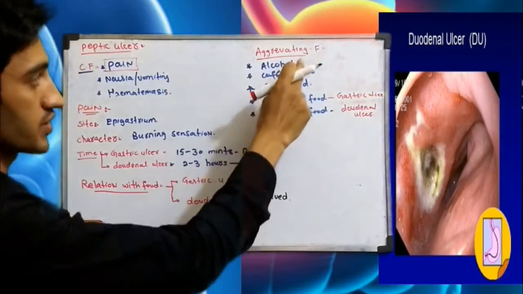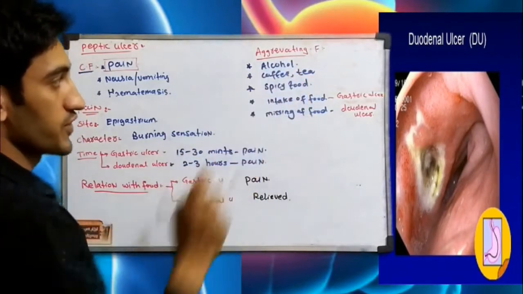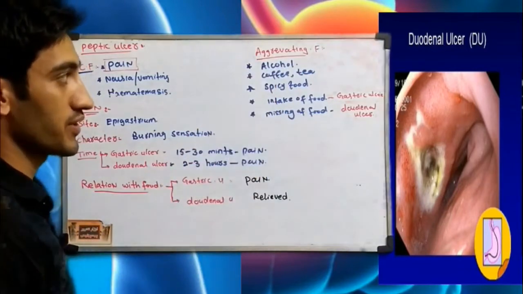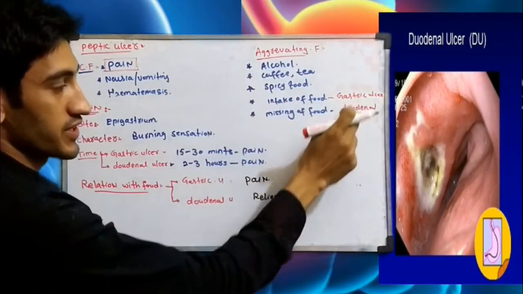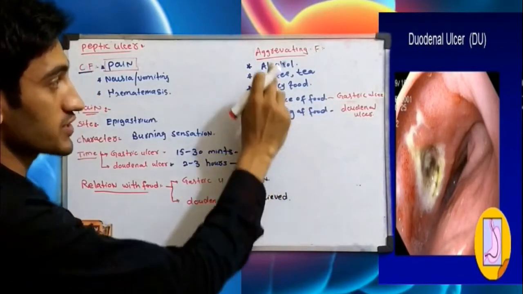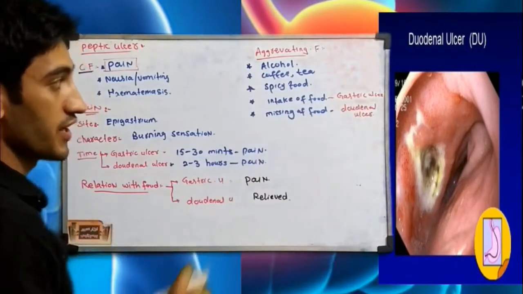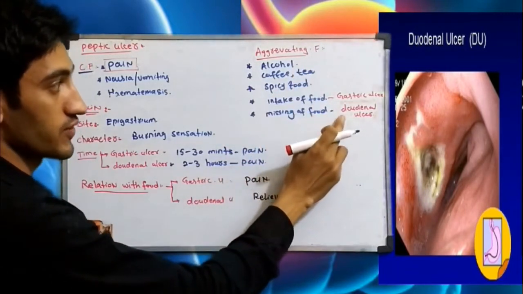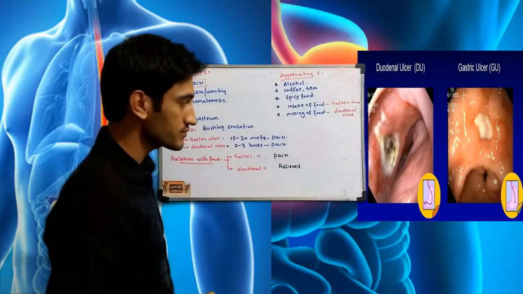Aggravating factors: alcohol, coffee and tea, spicy food, all these will increase the pain. But here it is a little bit conceptual. Intake of food will cause the pain in case of gastric ulcer, and missing of food will aggravate the pain in case of duodenal ulcer.